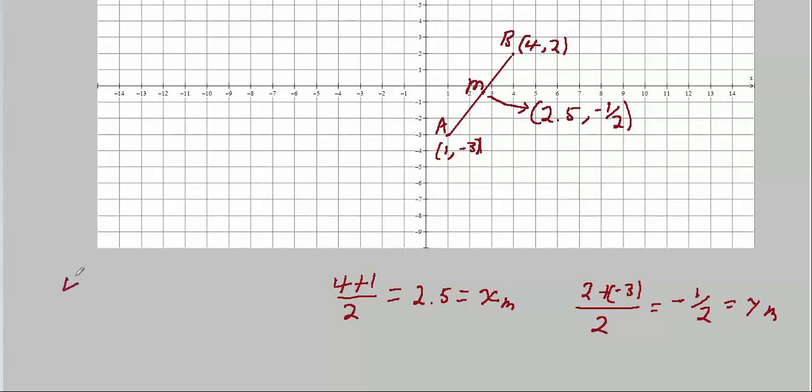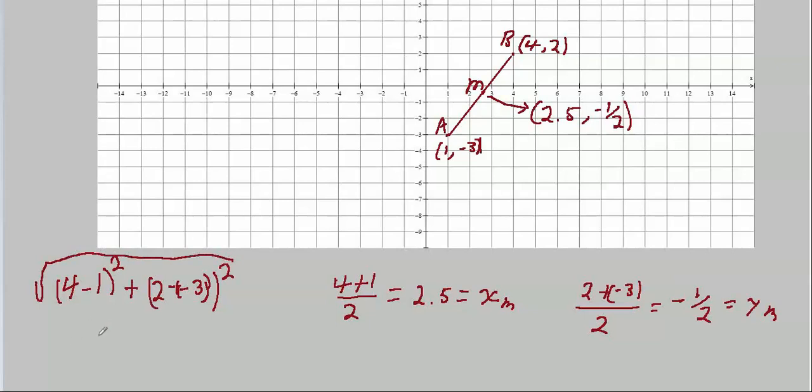Let's try it over here. We get 4 minus 1 squared plus 2 minus minus 3 squared. And of course, we're going to take the square root of that. And what is that?